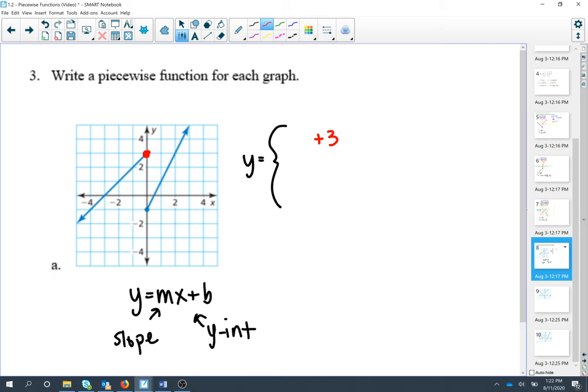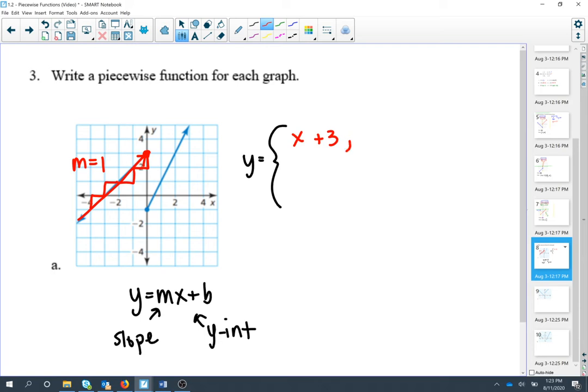Well, the slope is, if you start here, you would go down 1 over 1, which is actually up 1 over 1, up 1 over 1, and it is a positive slope. So our slope is just 1. So you would have 1x, but you don't really need the 1, so this one is just going to be x plus 3.